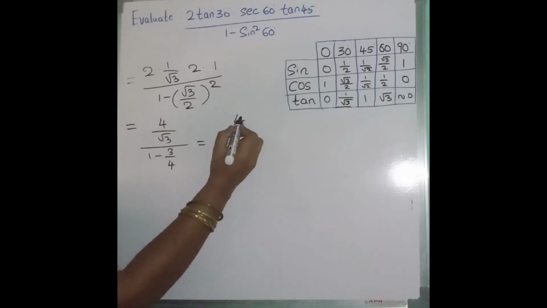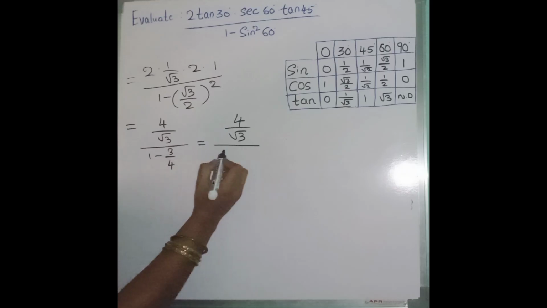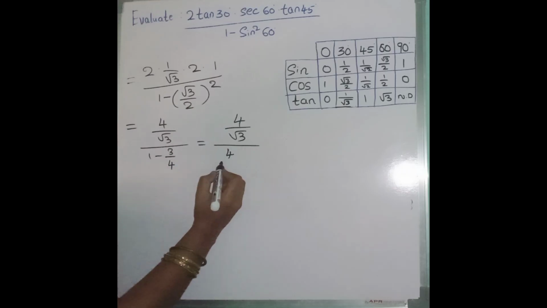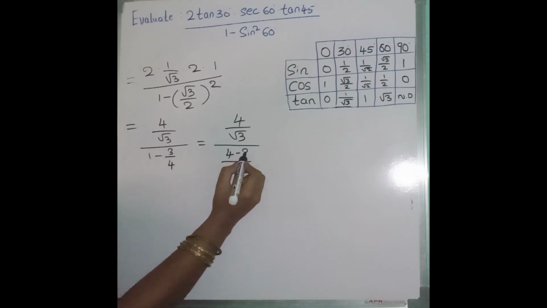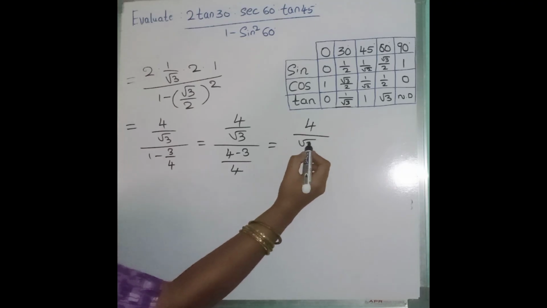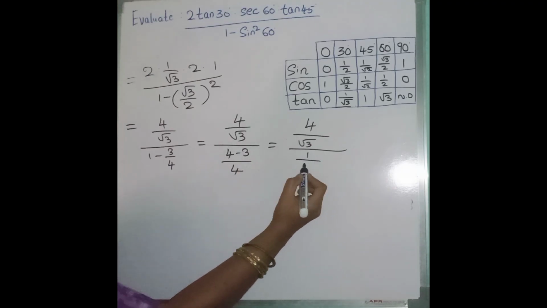Next step, 4 divided by root 3, as it is. Here take an LCM, 1 4s are 4, that means 4 ones are 4 minus 3. Here is 4 divided by root 3, divided by 4 minus 3, which is 1 divided by 4.